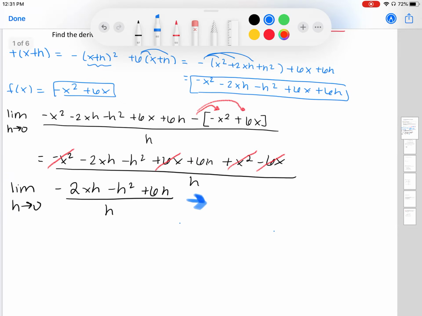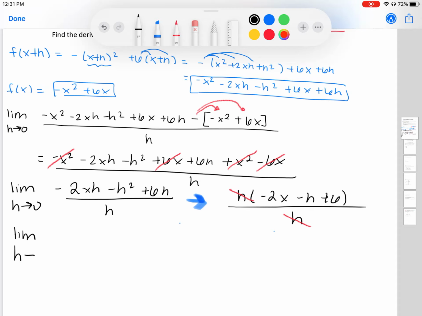So let's go ahead and do that. We can factor an h from our numerator so that I have h times negative 2x minus h plus 6 all over h. That gets us in our desired situation where I can divide out those h's. So then I'm left with the limit as h is approaching 0 of negative 2x minus h plus 6 all over, well, nothing, right?